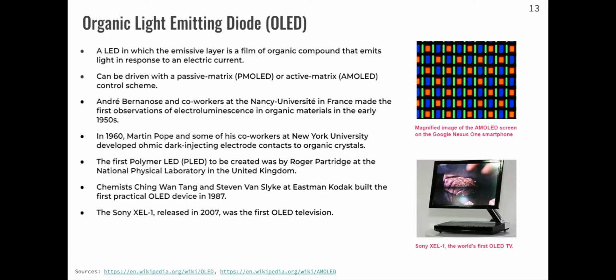The first polymer LED, PLED, was created by Roger Patridge at the National Physical Laboratory in the United Kingdom. The light generated was readily visible in normal lighting conditions, though the polymer used had two limitations: low conductivity and the difficulty of injecting electrons.